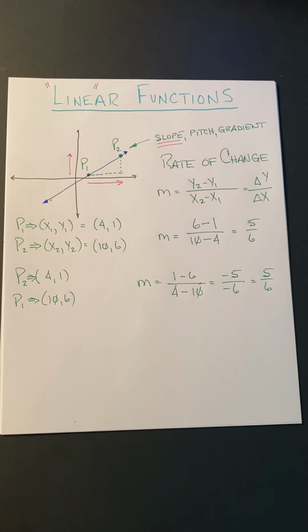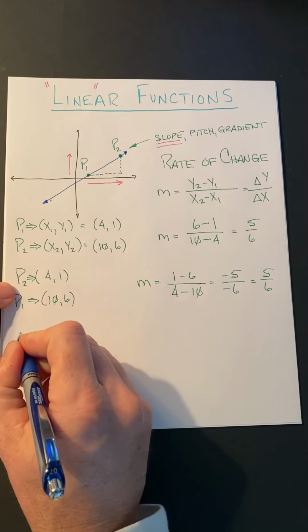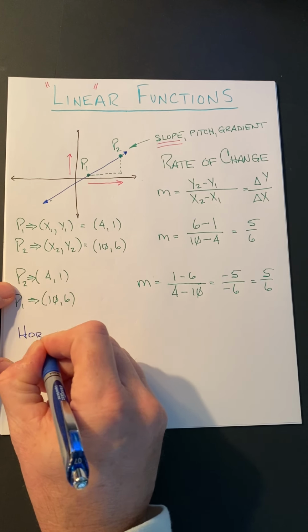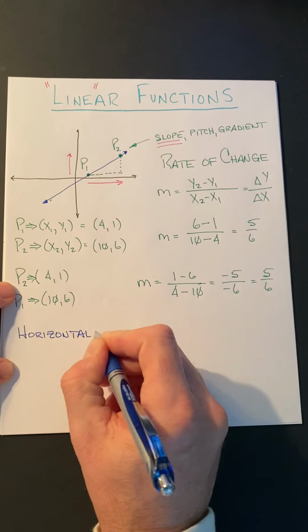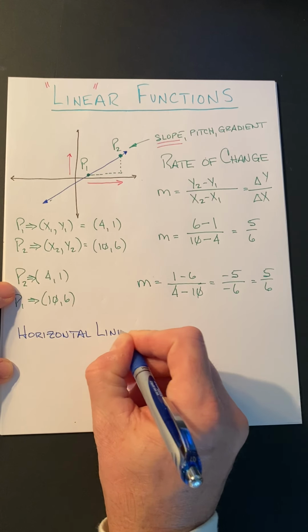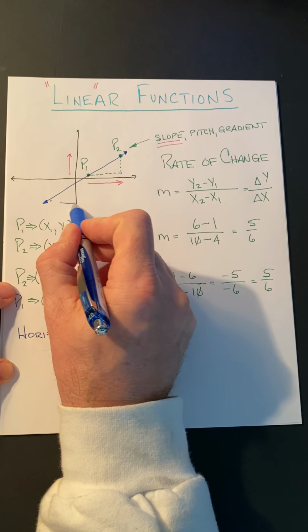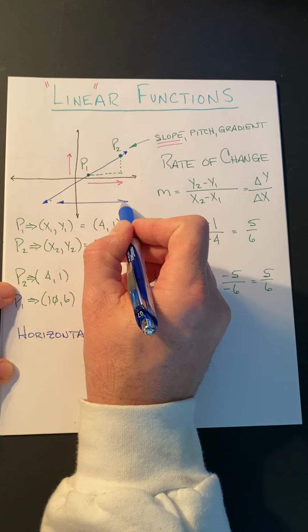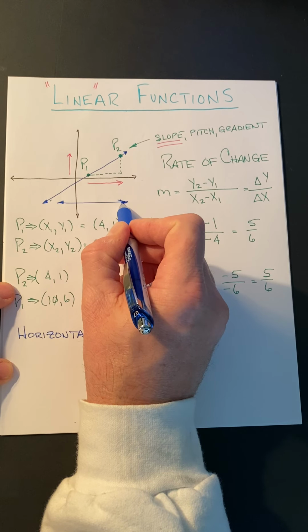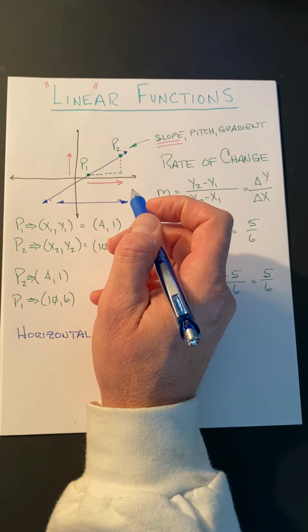So let's look at a couple of special cases here. Let's look at a horizontal line, okay? So if I have a horizontal line on my graph, and let's just say this horizontal line was down here, okay? Now, notice it's parallel to the x-axis, right?